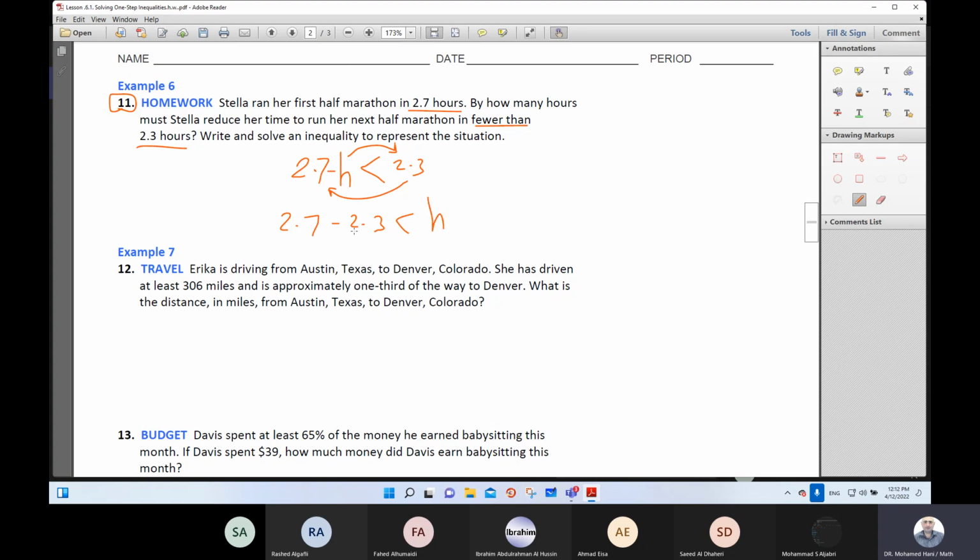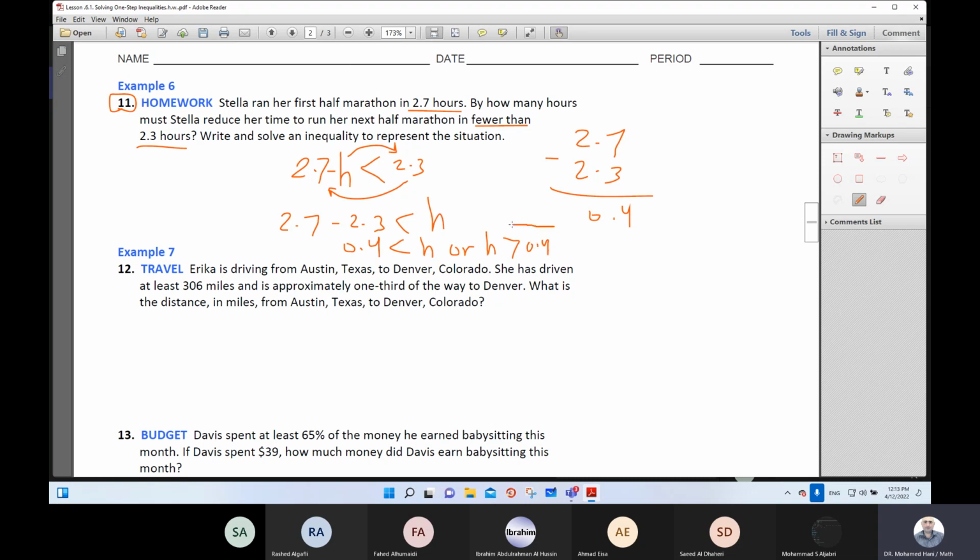Now 2.7 minus 2.3. 7 minus 3 is 4, and 2 minus 2 is 0. So here we have 0.4. So h greater than 0.4.